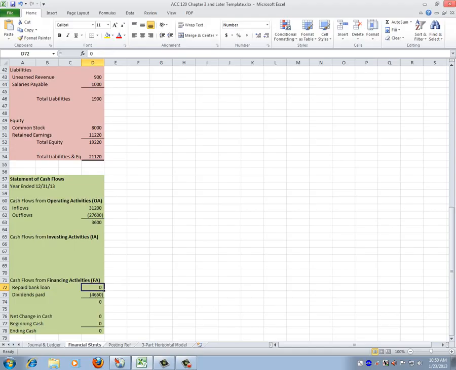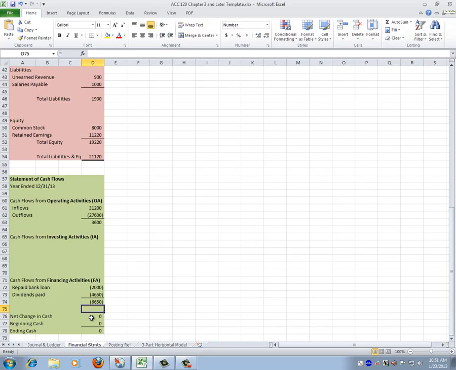Your descriptions do not have to be exactly the same as mine, just a little more specific blurb so the user gets a better idea. And subtotal the section. That's an outflow from financing, 6,650. Of course, you could have skipped investing here since there were no investing flows.